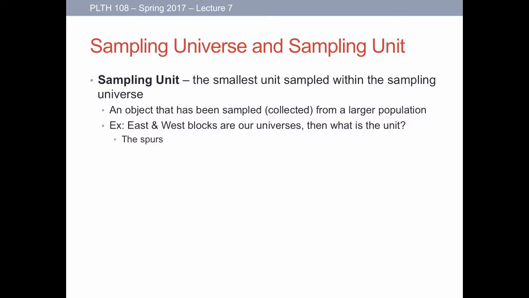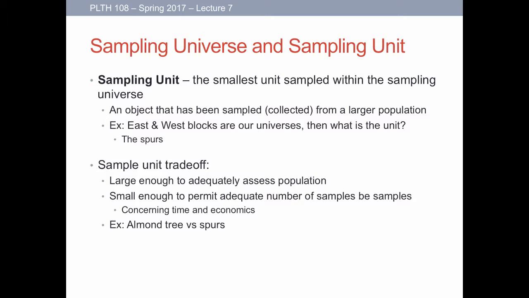It's going to be the sweep, it's going to be the soil sample, it's going to be the spur. It is the way that we collect the actual organism. Does that make sense? So it's not the actual organism itself, but it is the way in which we do the sample that is the sampling unit.